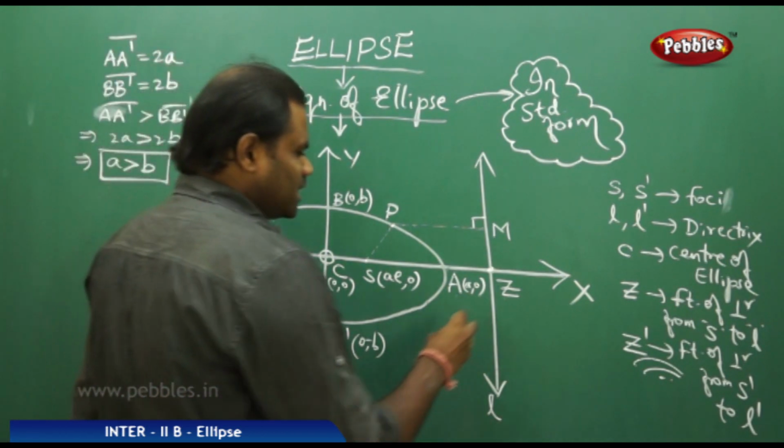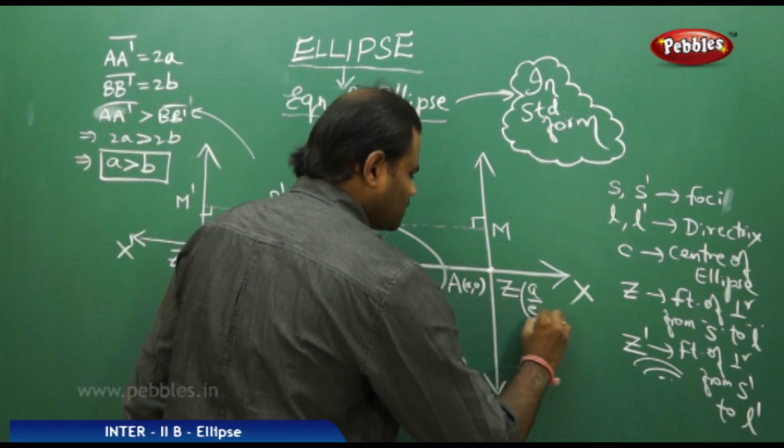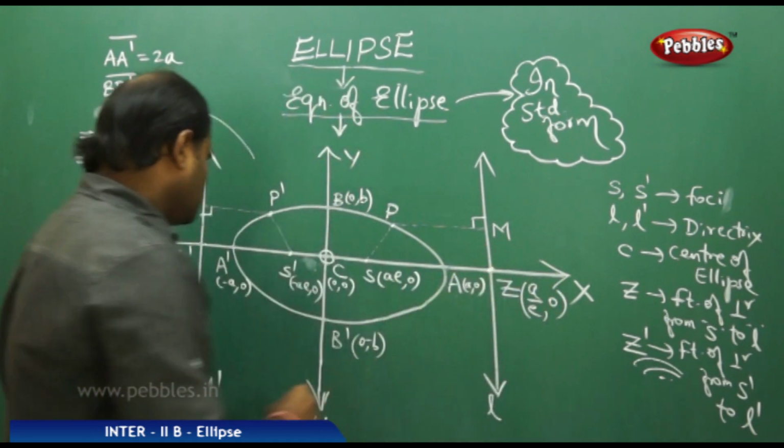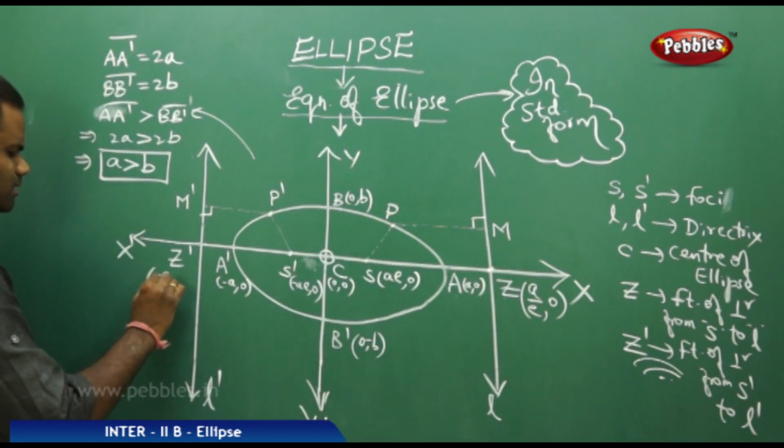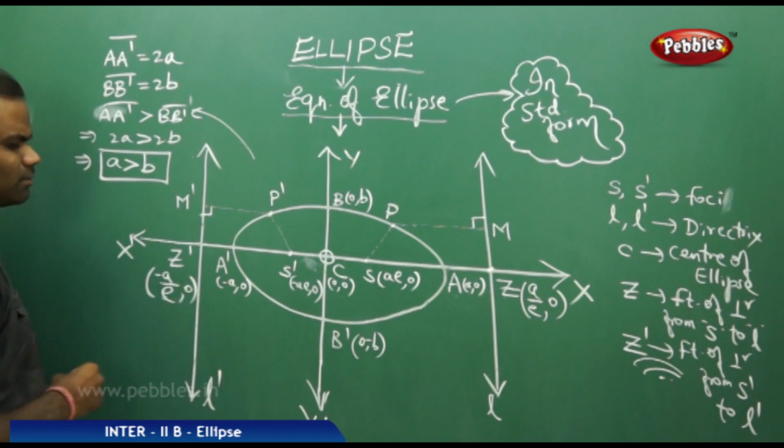So the coordinates of Z are given to be a by e comma 0, and the coordinates of Z dash are given to be minus a by e comma 0.